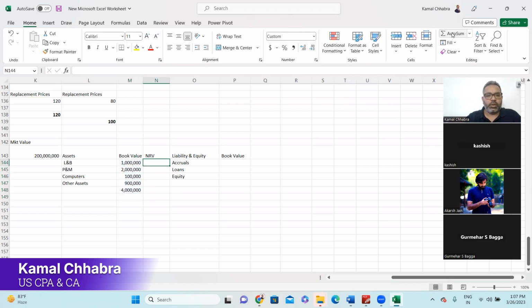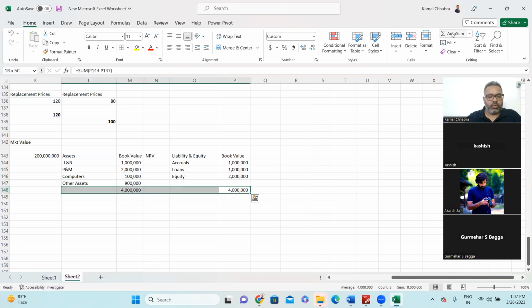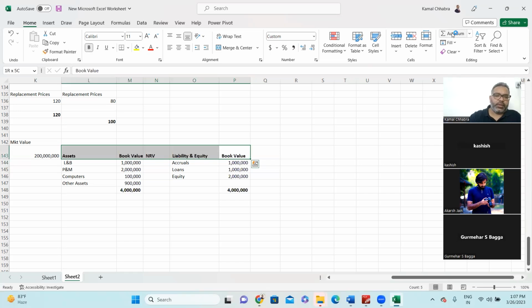And on the other side, you have, let's say, accruals of, sorry, $1 million, and you have loans of, let's assume, $1 million, and you have equity, let's assume, $2 million. Right? Let's assume these are the facts given to you.